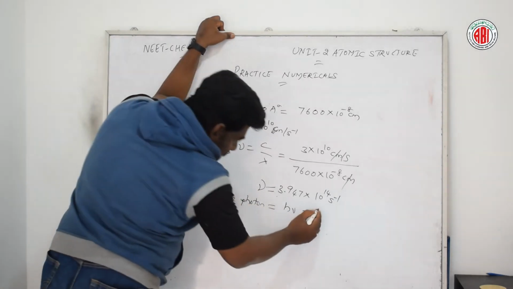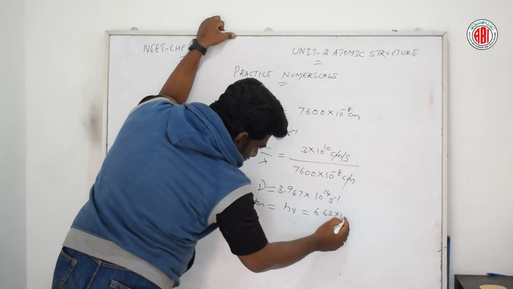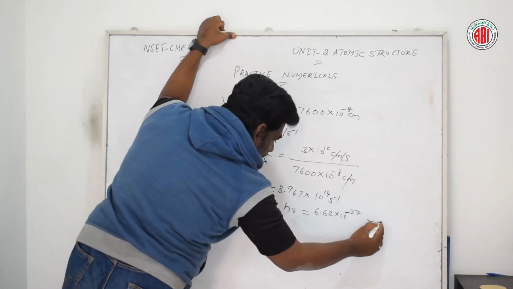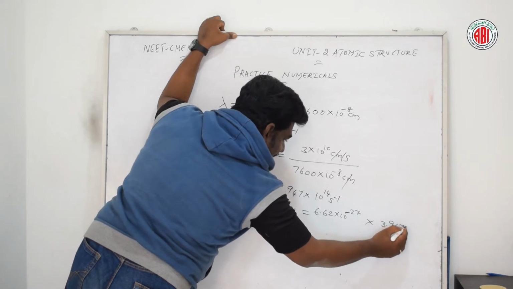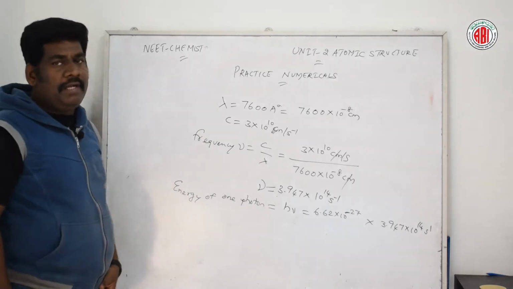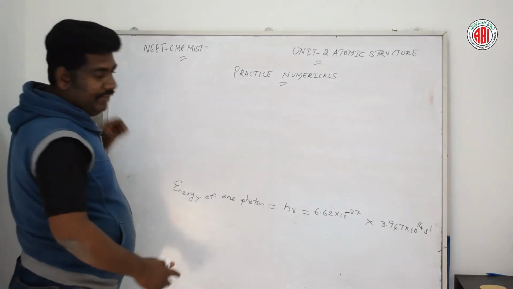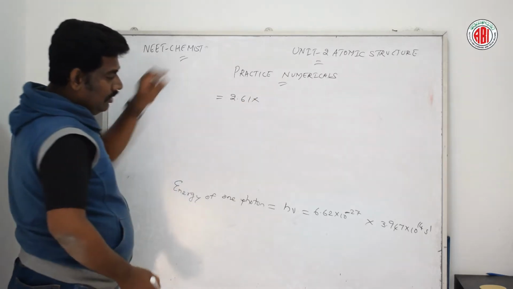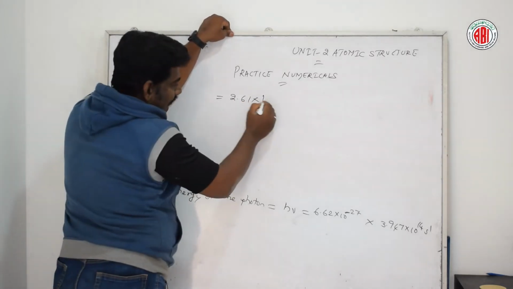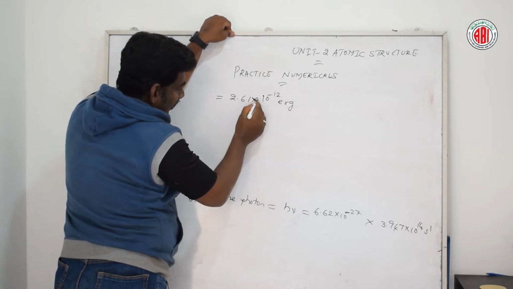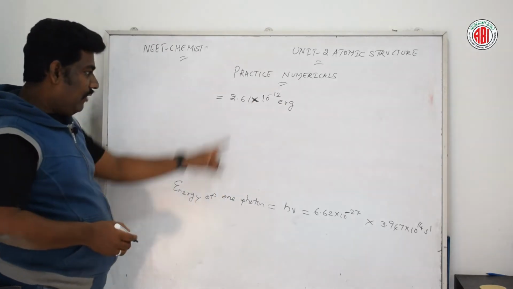So 6.62 into 10 to the power of minus 27 erg second into 3.947 into 10 to the power of 14 per second. We should multiply these both. Simplifying this, we get the value 2.61 into 10 to the power of minus 12 erg. So this is the energy of one photon.